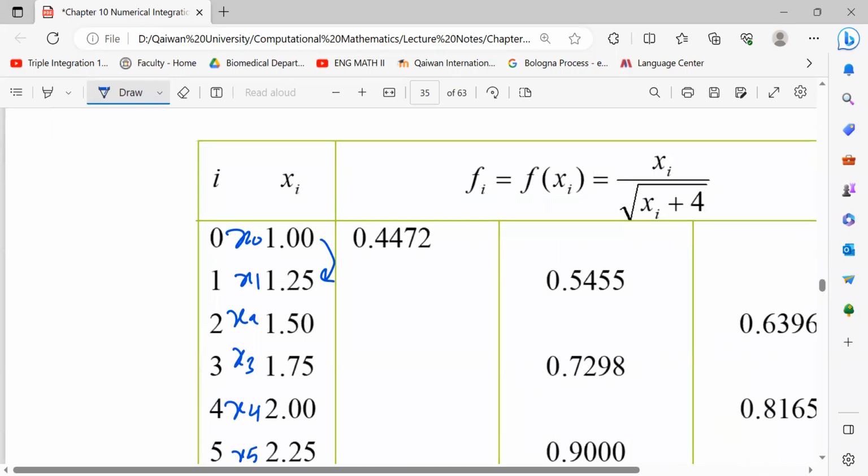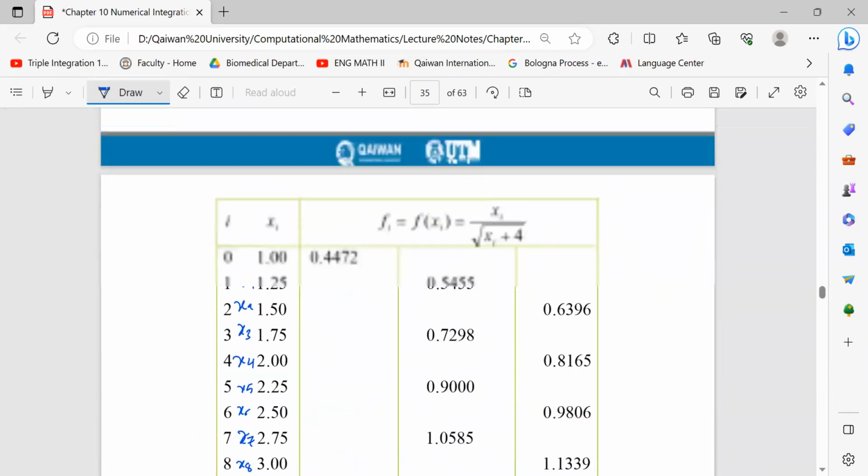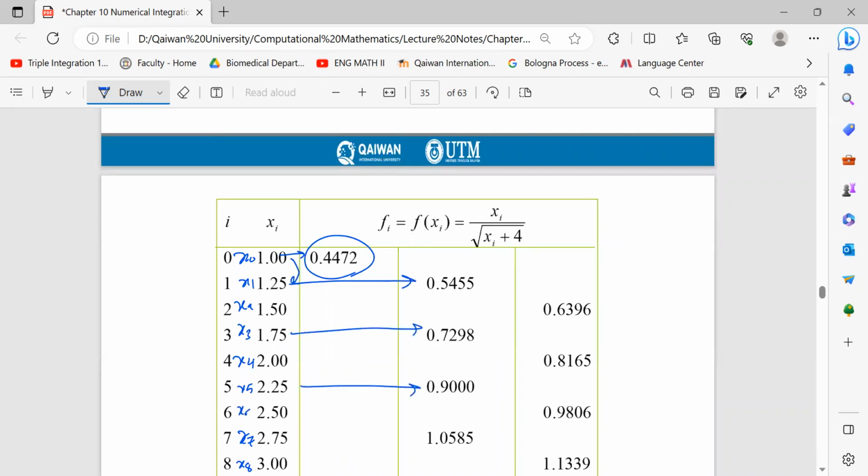Okay? Now, as I said, in the rule, we have three types: first and last, even ones, and odd ones. Okay? So we need to have three columns. For first and last, this last, and this first. These are evaluations of 1 and 4 into the given function. Then, for the odd ones, x1, x3, x5, x7, and so on.